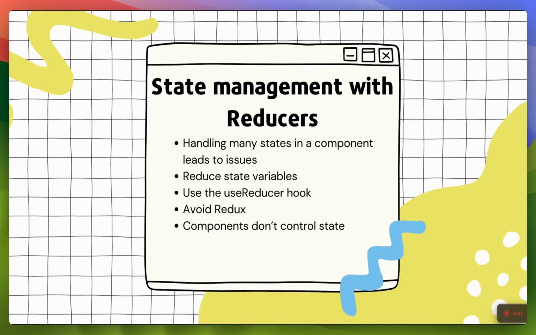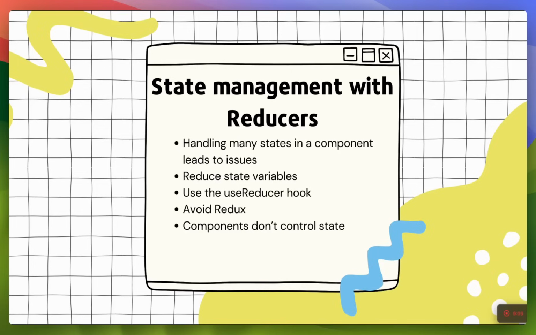To avoid this, you can remove all the state variables from a component, reducing the pressure to manage the state on the component, and place all the state inside the useReducer hook. When you use the useReducer hook, you can manage state in a Redux-like fashion without using Redux, locally in a component.